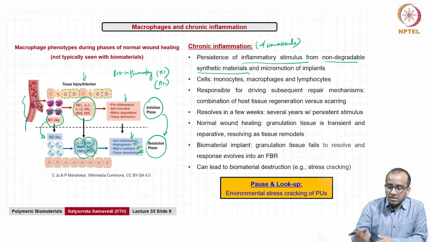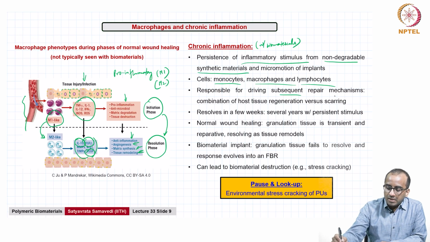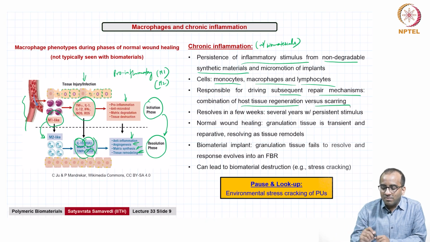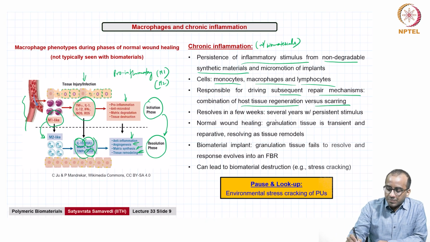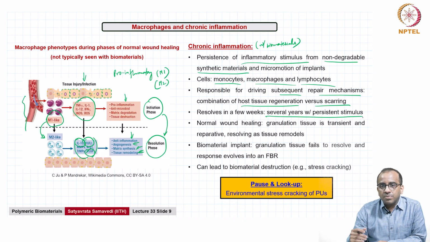Then the cells that are involved, namely monocytes, macrophages, and lymphocytes, are not going to stop doing what they're doing, but continue it, more vigorously, right? These cells are responsible for driving subsequent repair mechanisms, and typically it's a combination of host tissue regeneration versus scarring. But in the case of a biomaterial, this can last several years, perhaps the lifetime of the implant, because of the persistent stimulus.